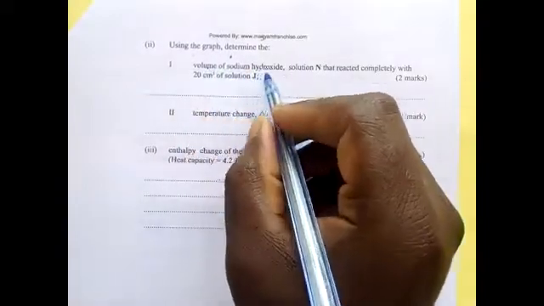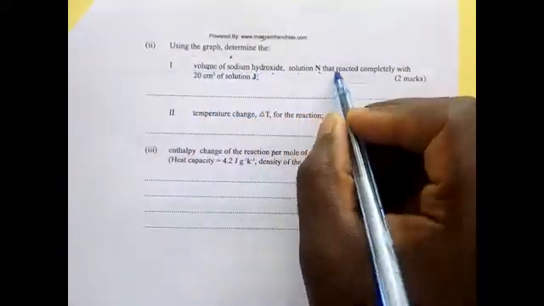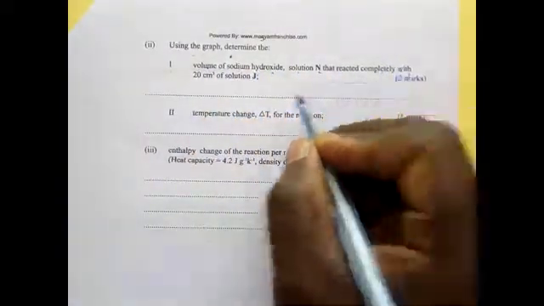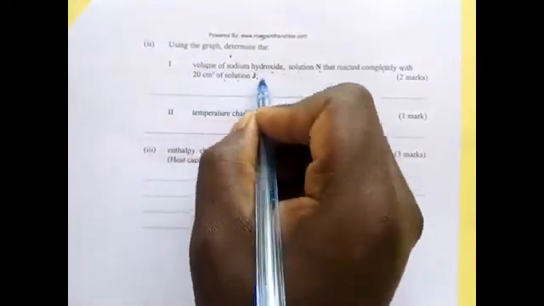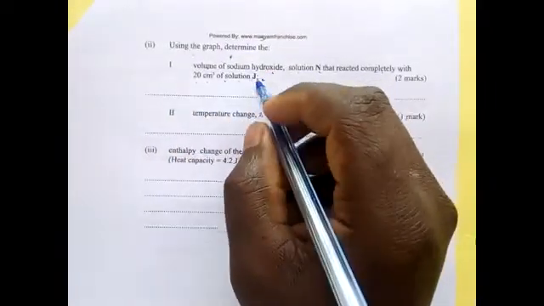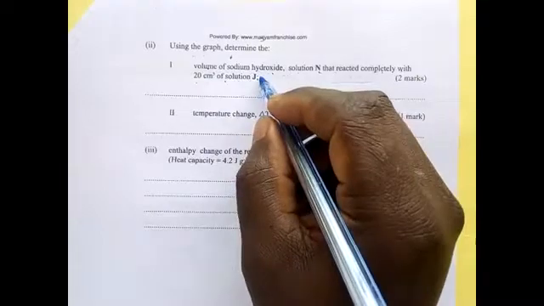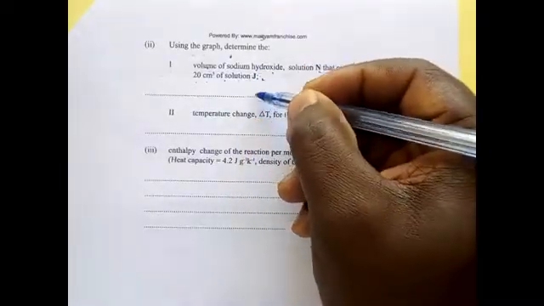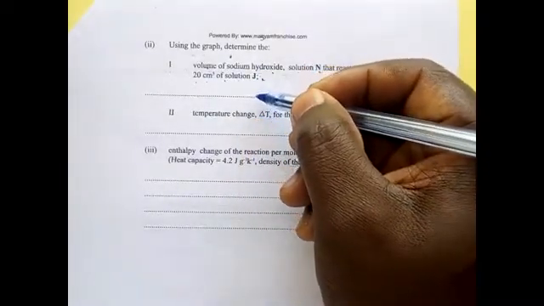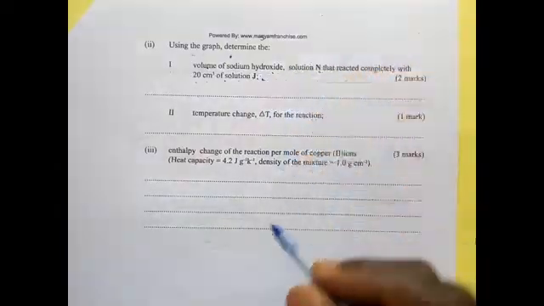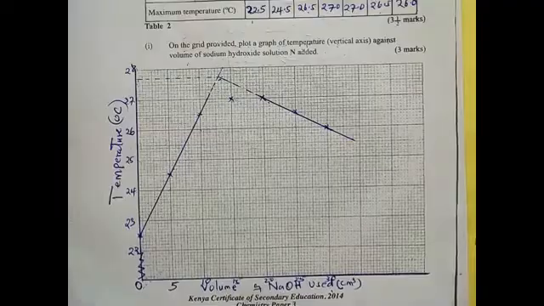Using your graph, determine the volume of sodium hydroxide solution N that reacted completely with the 20 centimeters cube of solution J. So this is where we have the maximum temperature. So we go down to where we have the volume. So from maximum temperature, we go to volume.